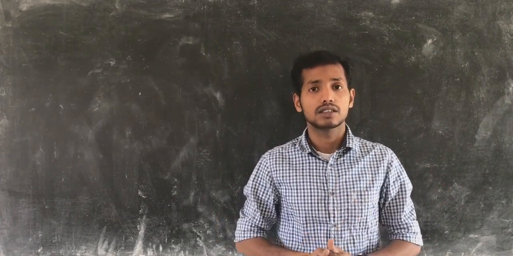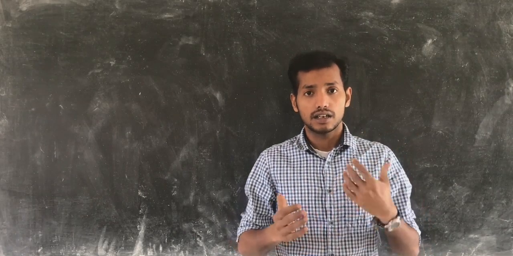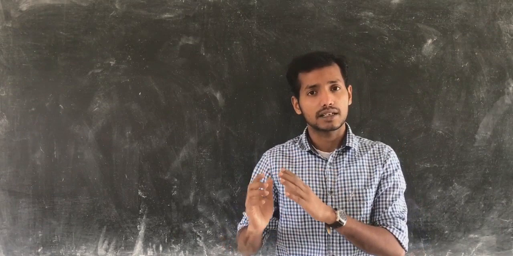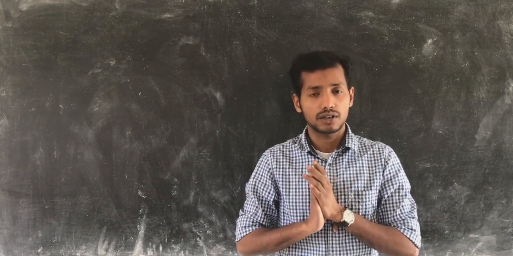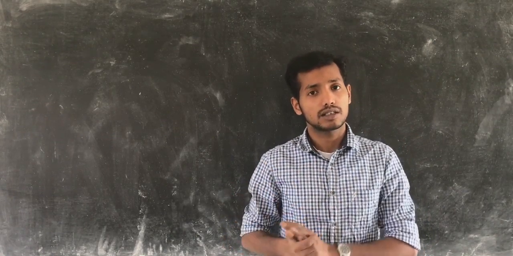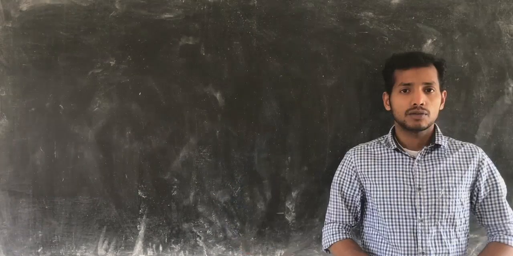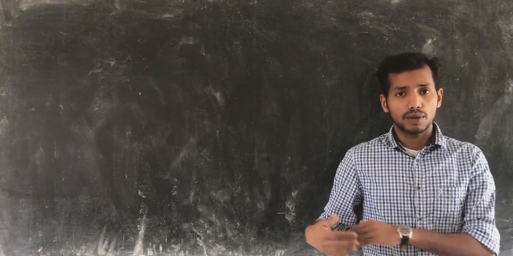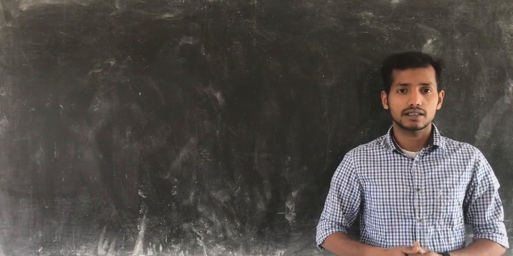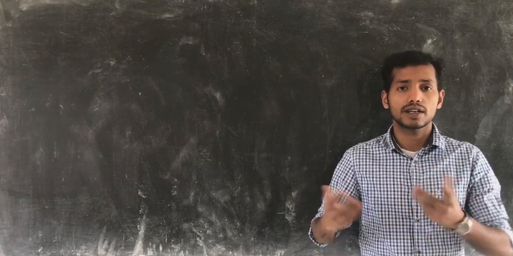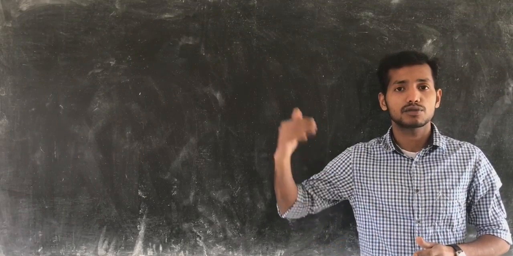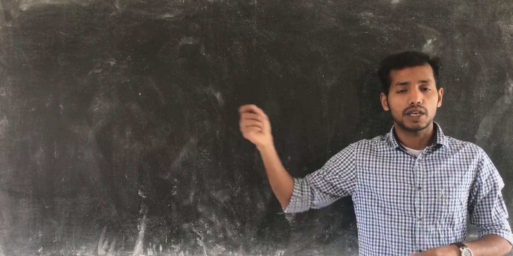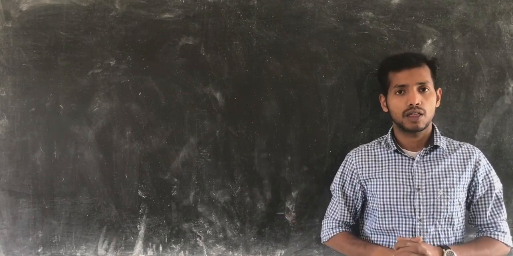That means any number we can represent in the form P by Q is called rational. For example, 2 by 3, 3 by 2, these all are rational numbers. Even 6 is a rational number because 6 can be written as 6 by 1, where 6 is P and 1 is Q.